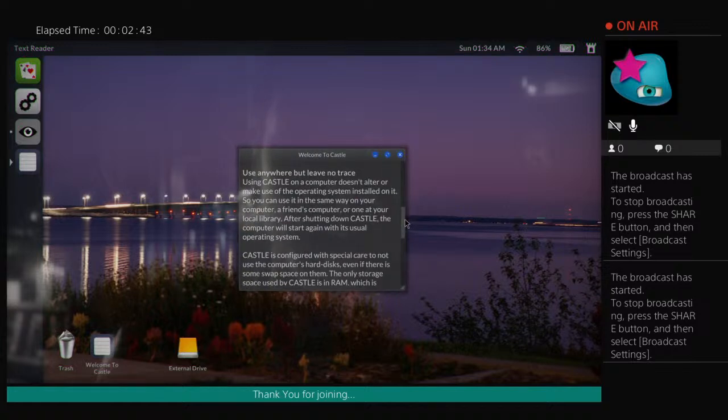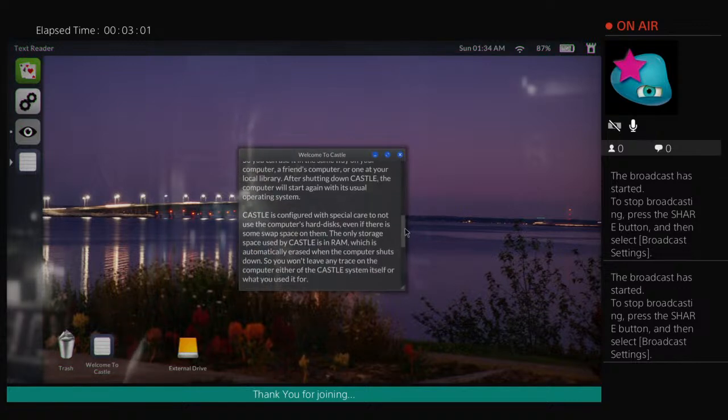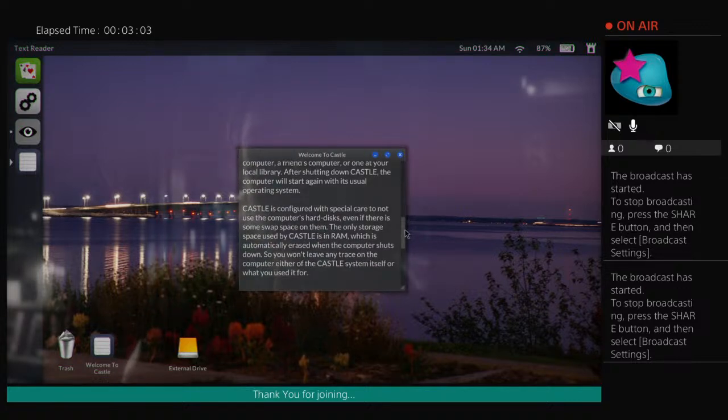Use anywhere but leave no trace. Using Castle on a computer doesn't alter or make use of the operating system installed on it. So you can use it in the same way on your computer, a friend's computer, or one at your local library. After shutting down Castle, the computer will start again with its usual operating system. Castle is configured with special care not to use the computer's hard disk.